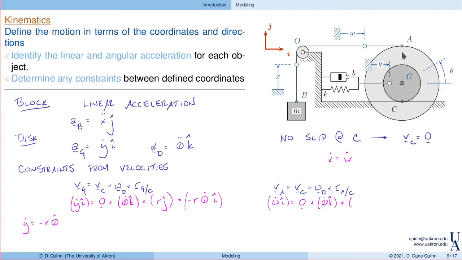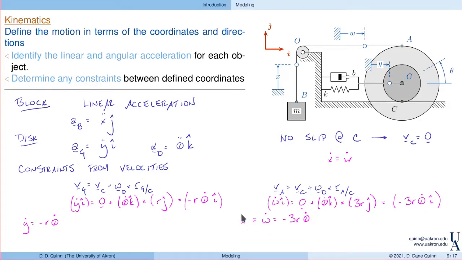And now this vector is 3r in the j direction, because going from C to G is 1r, and then the radius at this outer hub is twice r. So we end up with minus 3r theta dot in the I direction. So comparing the left and the right sides again, we see that w dot is equal to minus 3r theta dot.